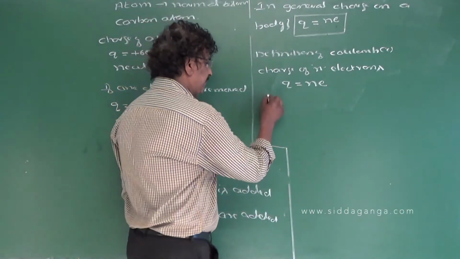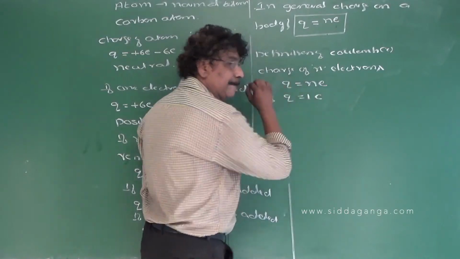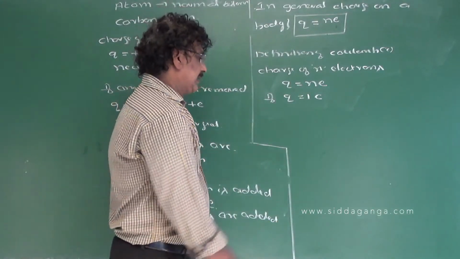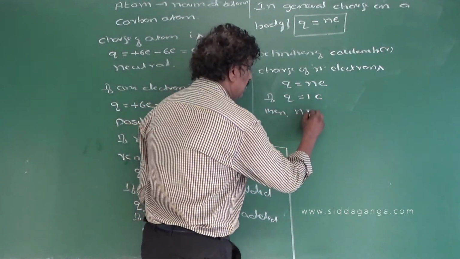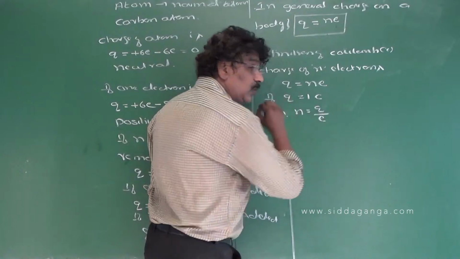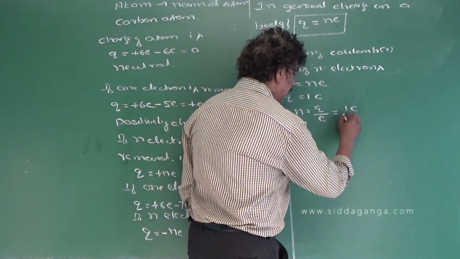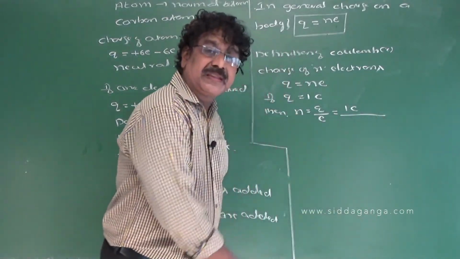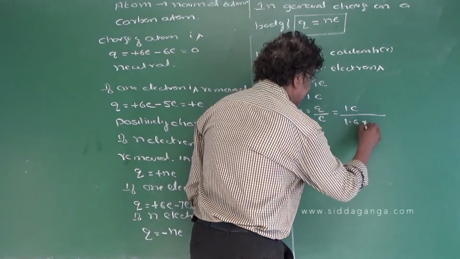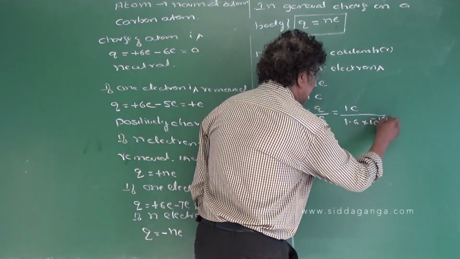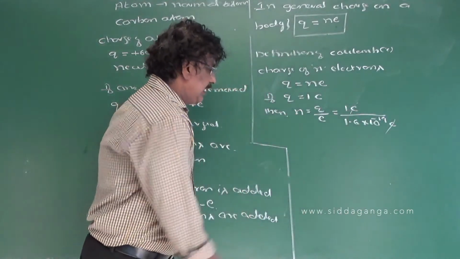Suppose Q is equal to 1 coulomb, right, then we have n is equal to Q by E, Q is equal to 1 coulomb and E is equal to 1.6 into 10 power minus 19 coulomb. Coulomb gets cancelled.